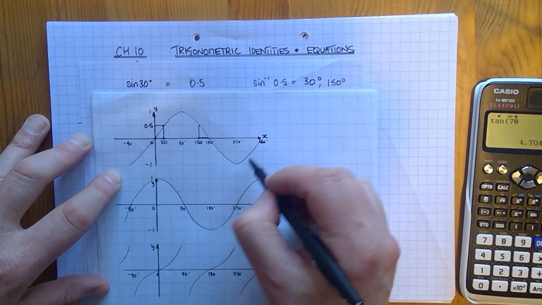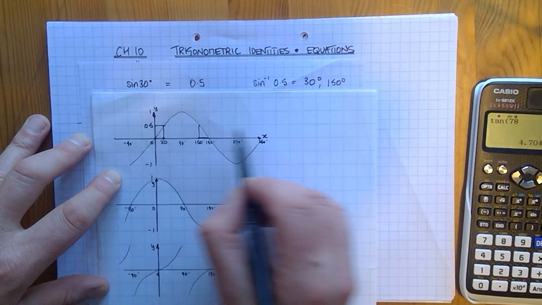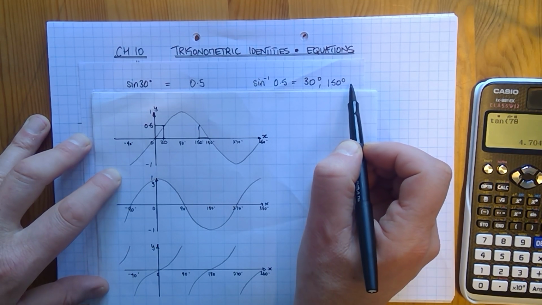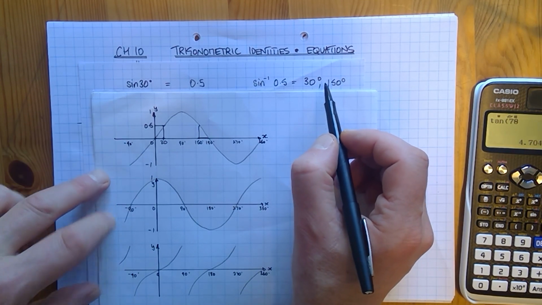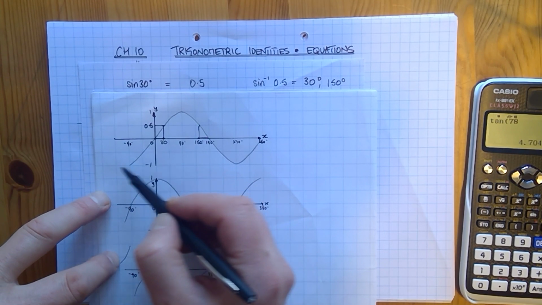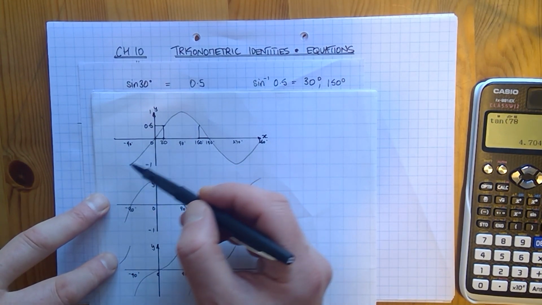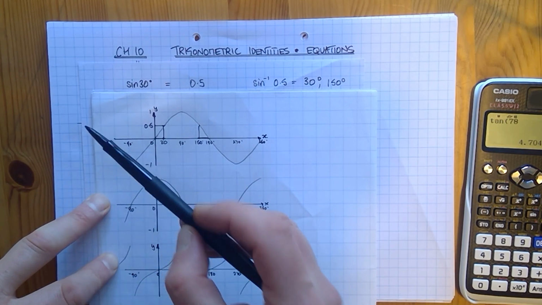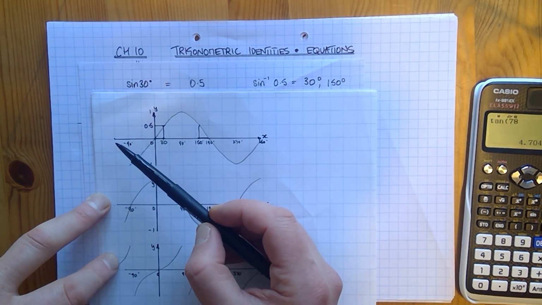And I'm sure you can see by the nature of the sine curve, which goes on forever, that these values go on forever. There's an infinite number of values. Remember, of course, that sine, as indeed do cos and tan, goes in the negative direction as well. So there's an infinite number of negative values.